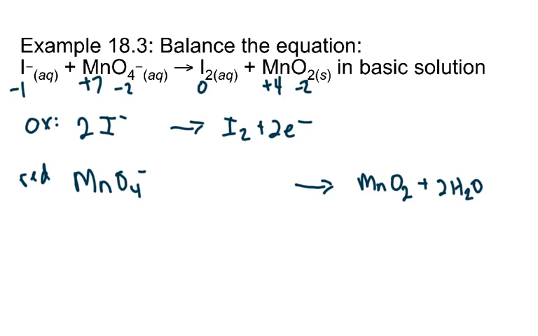But with that comes 4 hydrogens on my product side. So I'm going to have to add 4H+, but I'm in basic solution, which means there are no H+ around. So I have to add to both sides 4 hydroxides.